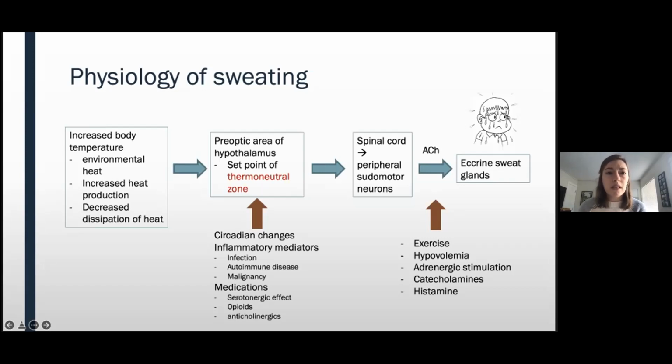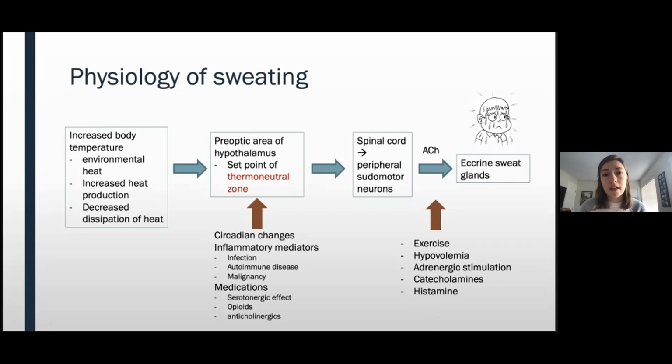So once this part of the brain senses that we are above the thermoneutral zone, it sends a signal down the spinal cord to the peripheral pseudomotor neurons, and these are sympathetic neurons that then release acetylcholine onto the eccrine sweat glands.